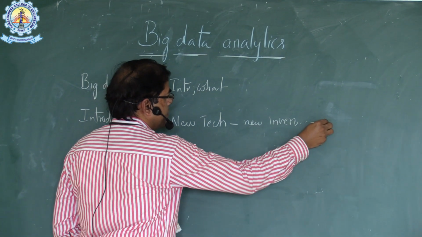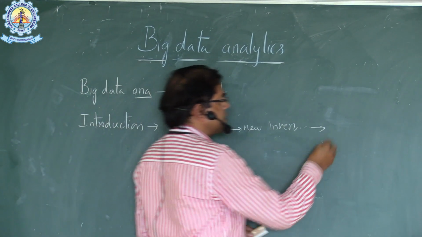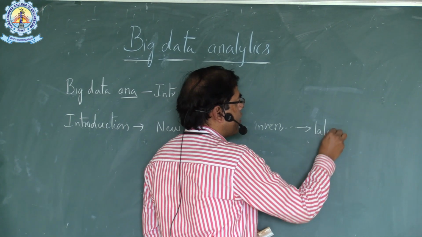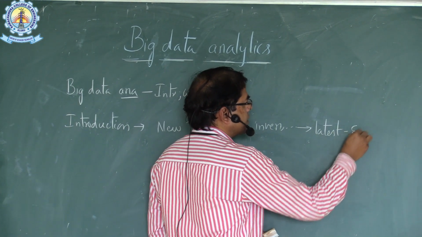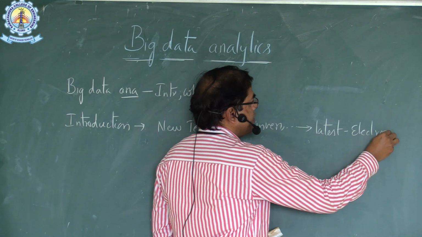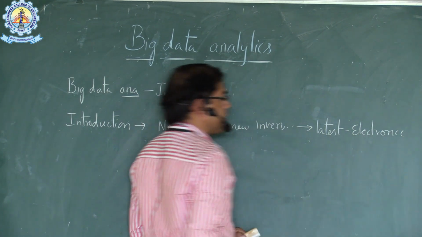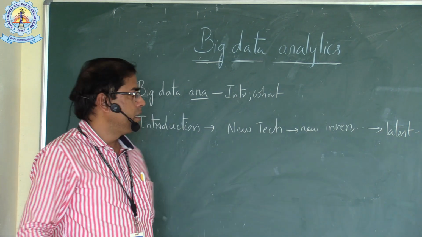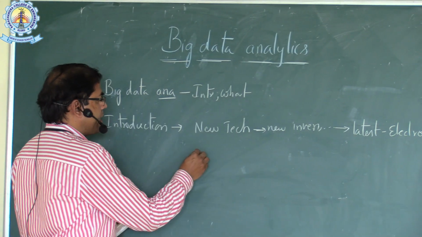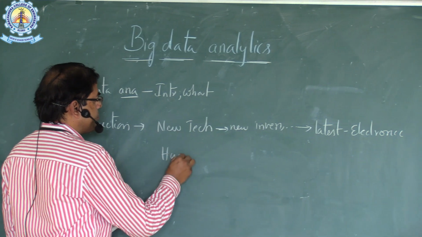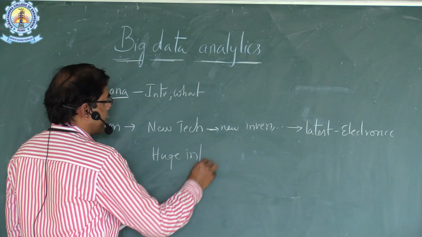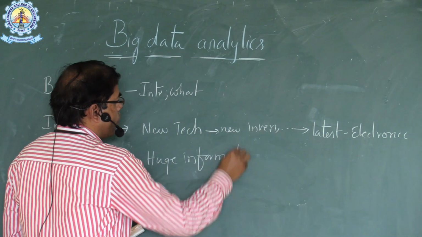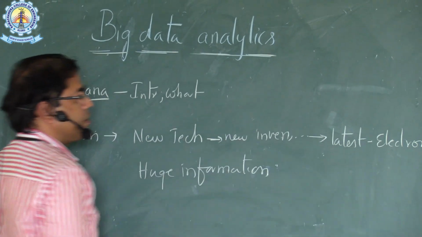With these many inventions, we can see the latest electronic gadgets throughout the world. These electronic devices, which occur due to the advent of new technologies, are capable of carrying very huge information or huge data. How? Let us go for that.